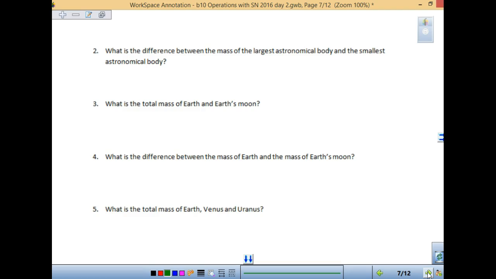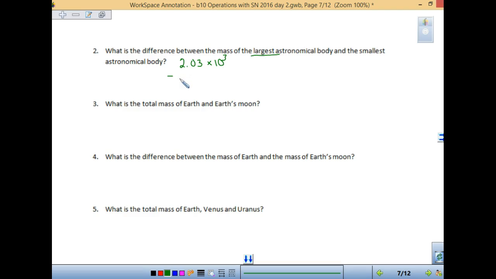So when you look at your largest one in scientific notation, someone want to read to me what you had for the largest? Whitney. Give it in scientific notation. 2.03 times 10 to the 30. That's our largest, minus our smallest.